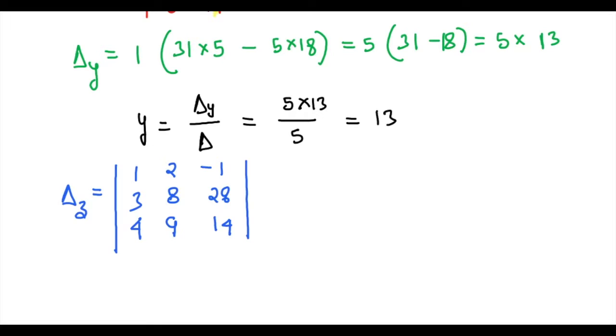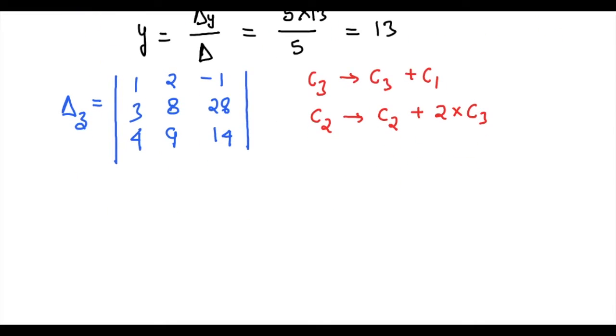And you can easily solve this. What I'm going to do in column number 3, I am going to add column number 1, and in column number 2, I am going to add twice of column number 3. Let's do them.